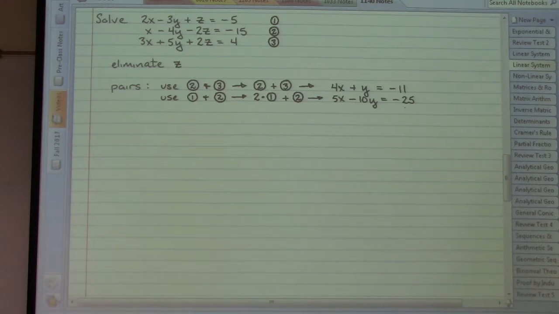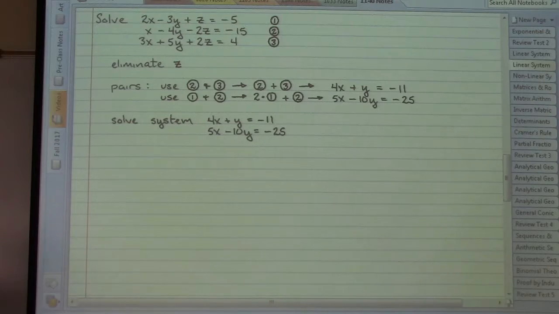So now I would want to solve the system for 4x plus y equals negative 11, 5x minus 10y equals negative 25.